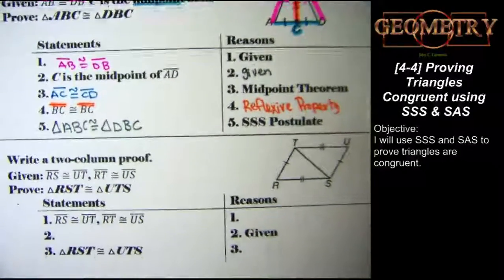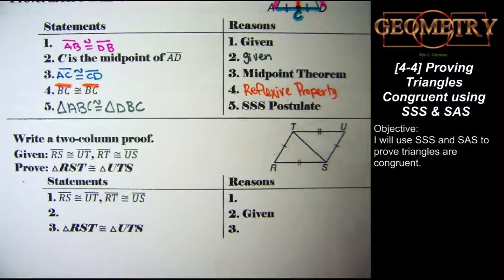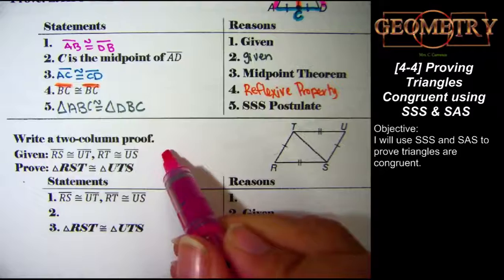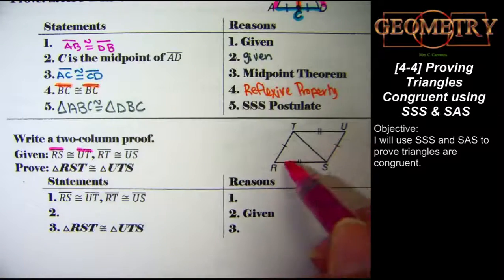Let's try another 2-column proof, and I really would like to focus on the ones that had no significant changes, those few that went in the different parts of the room. I'd like you to be the ones offering things on this one, okay? Here's our given information. I'm given that RS is congruent to UT.